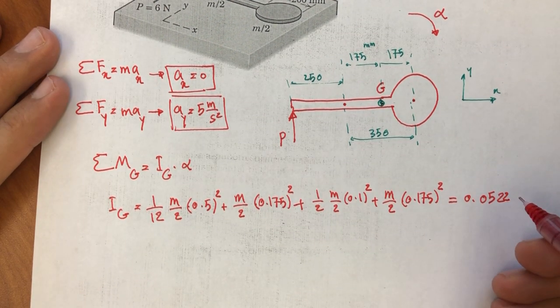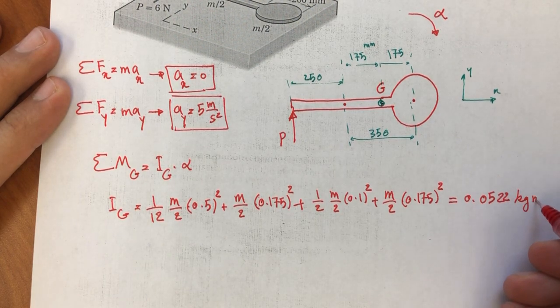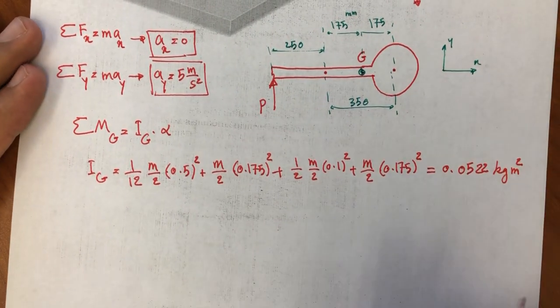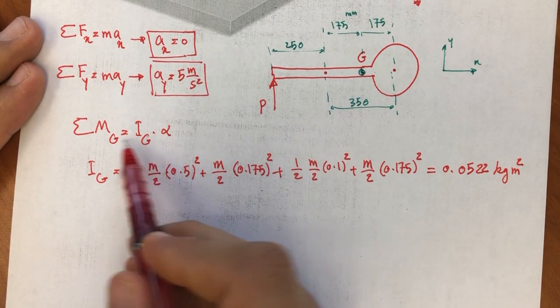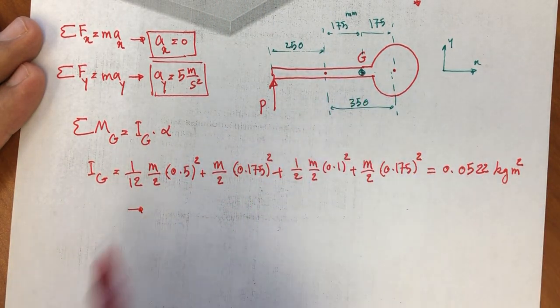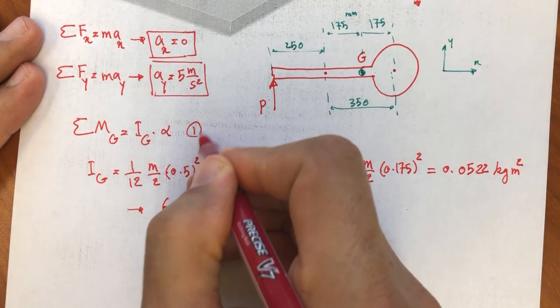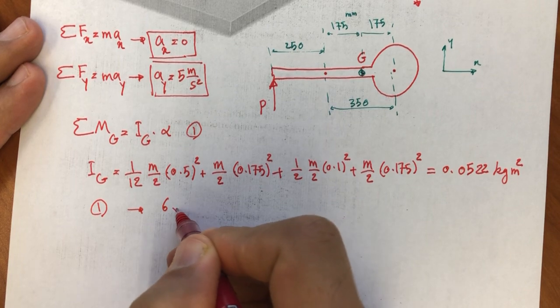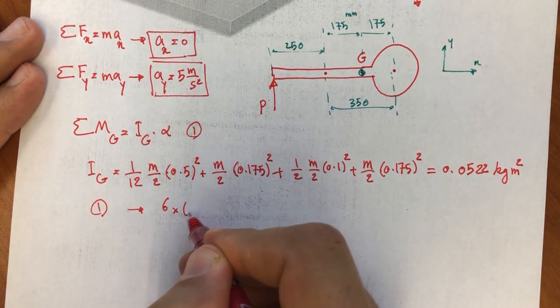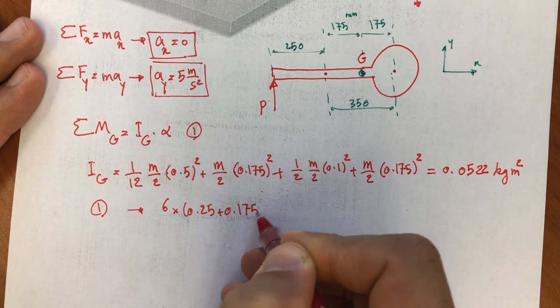0.0522 kilogram meter squared. Simply by putting Ig here, the moment is equal to force times the distance. Force is 6 times 0.25 plus 0.175 meter.